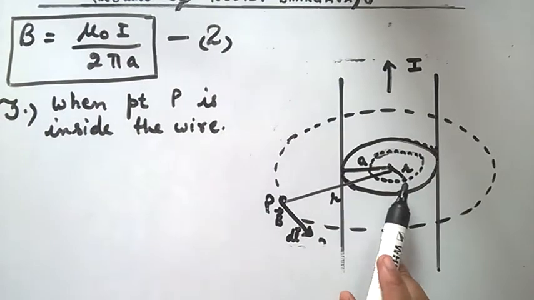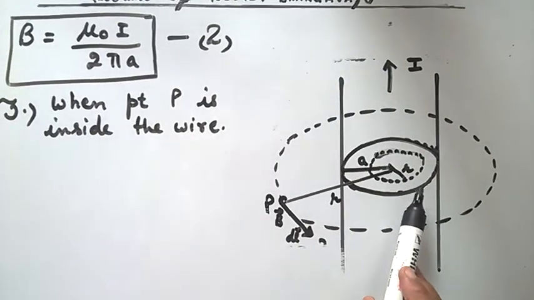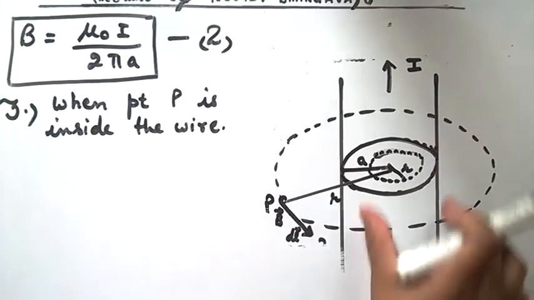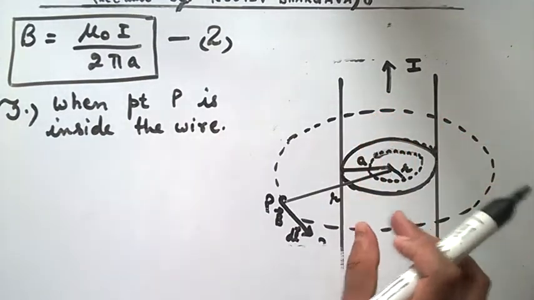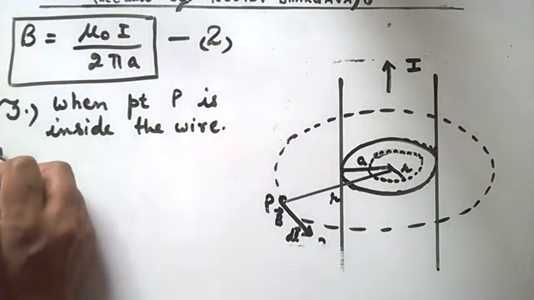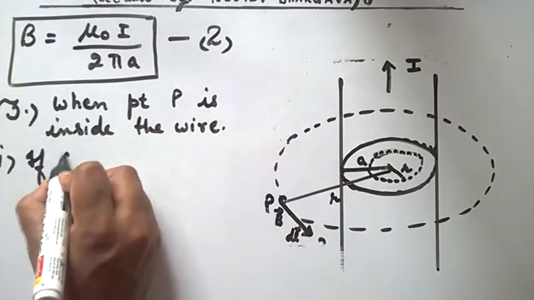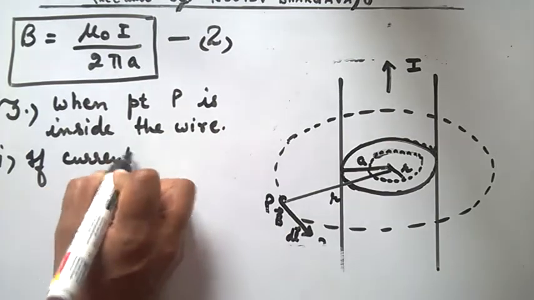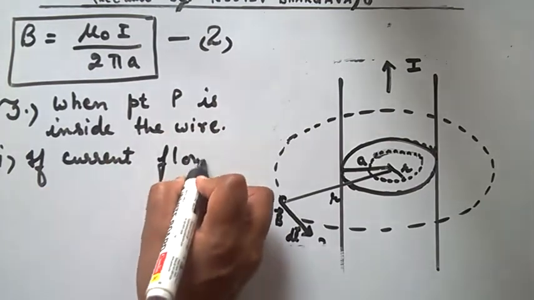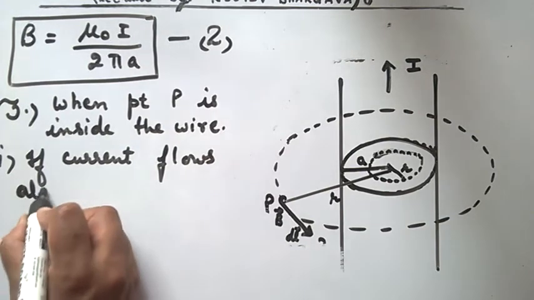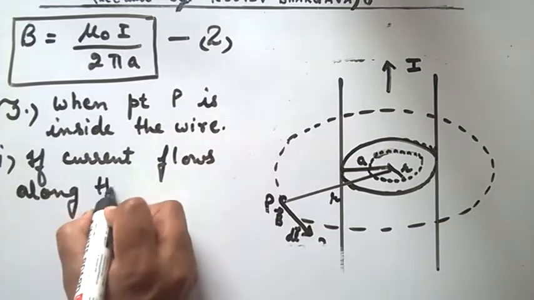That is, we can suppose that the current is flowing along the surface only, or the current is flowing throughout the wire. First possibility is if current flows along the surface.